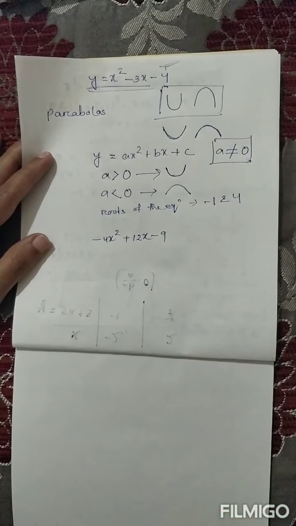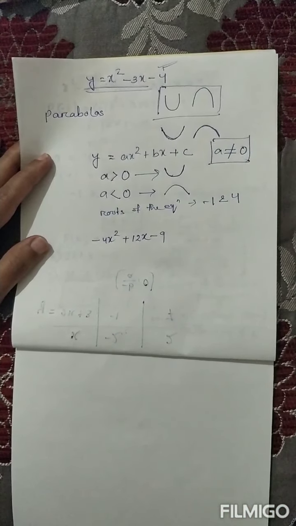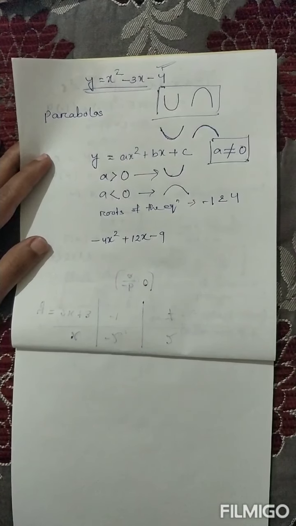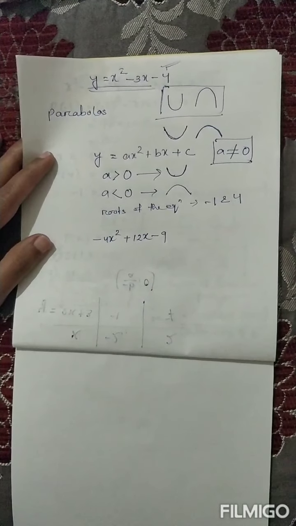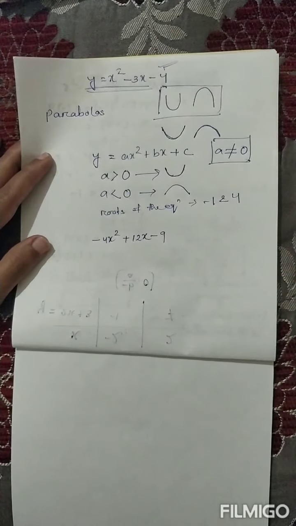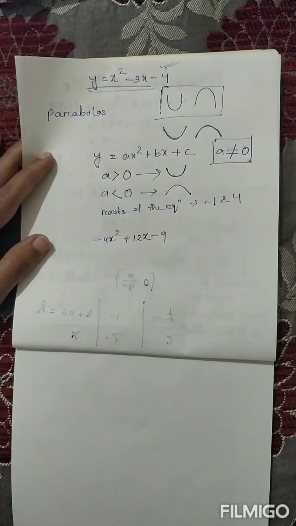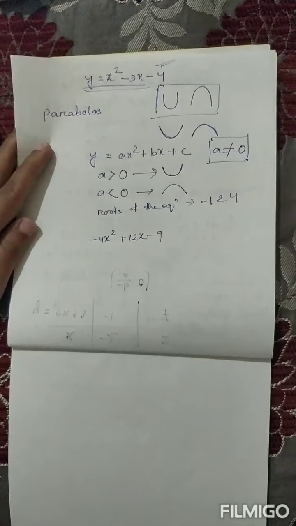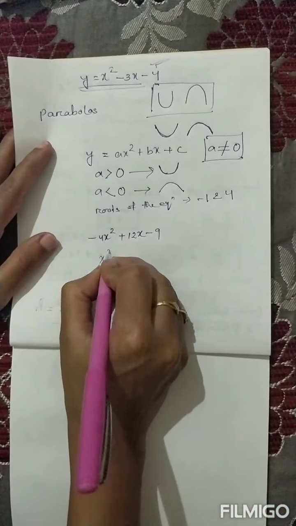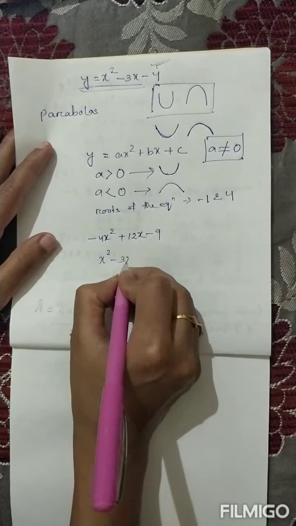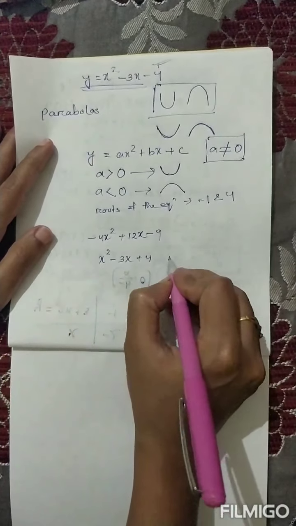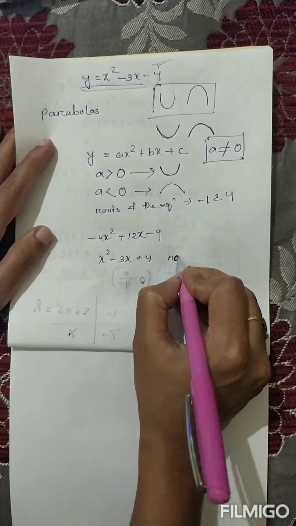Then come to case number 3. That means there is no solution, no zero, no root of that equation. That means that equation will not intersect x-axis. So that type of example I'll show you. X square minus 3x plus 4. There is no zero.